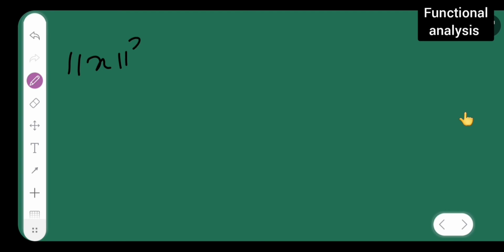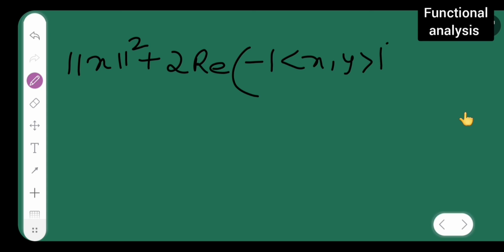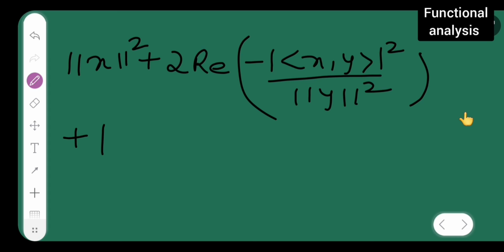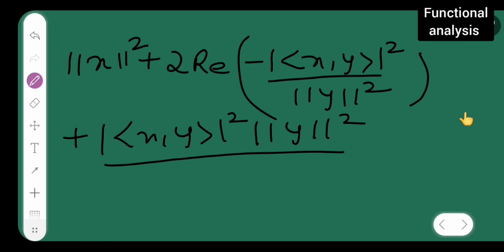Norm of x the whole square plus twice real part of minus modulus of inner product of x comma y the whole square upon norm of y the whole square, plus modulus of inner product of x comma y the whole square into norm of y the whole square upon norm of y raised to power 4, is greater than or equal to 0.